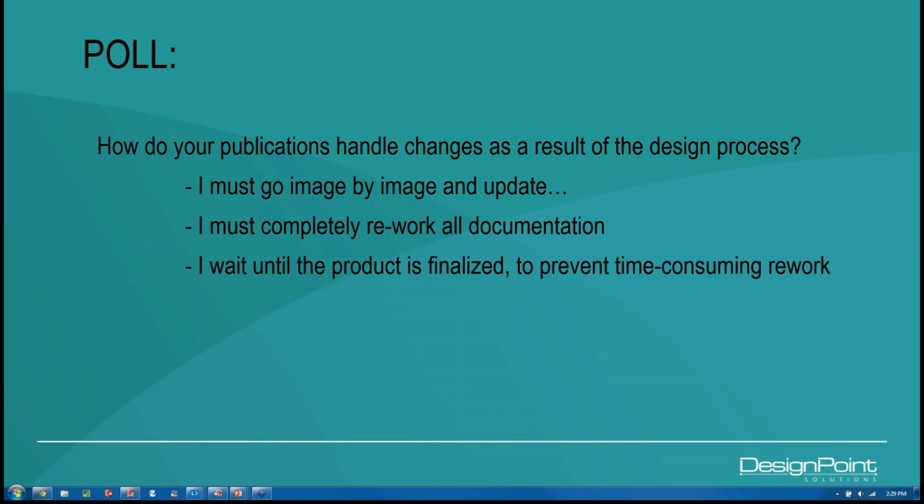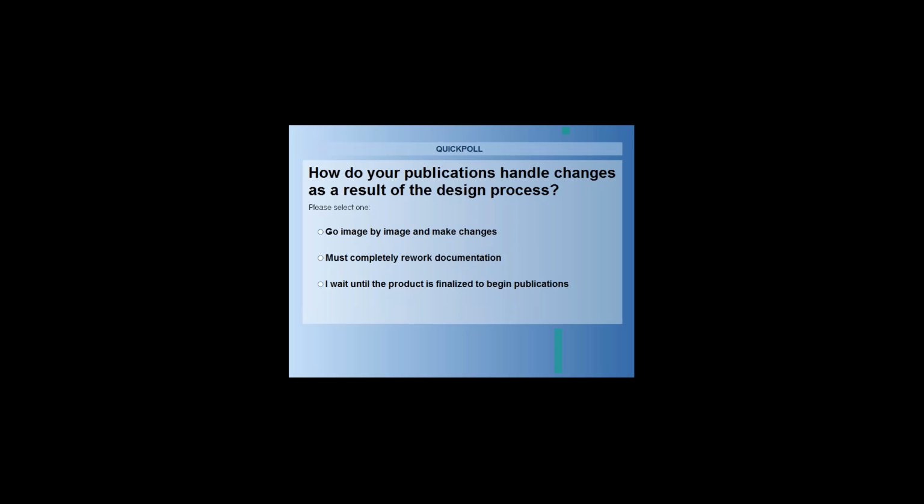But just in terms of getting some additional feedback, how do your publications handle changes as a result of the design process? Again, eager to get your feedback. Are you going image by image and making changes? Are you completely reworking your documentation, or are you waiting till the product is finalized to then begin the publications? Again, we appreciate your feedback and taking a minute to answer these.